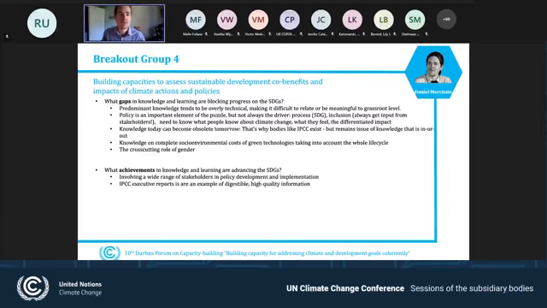So in the first question around what gaps in knowledge and learning are blocking progress on the SDGs, I'll just mention a couple of points. I won't go through everything, but there's a sense that the predominant knowledge tends to be overly technical, and that makes it difficult sometimes to relate or be meaningful at local levels, at grassroots levels.